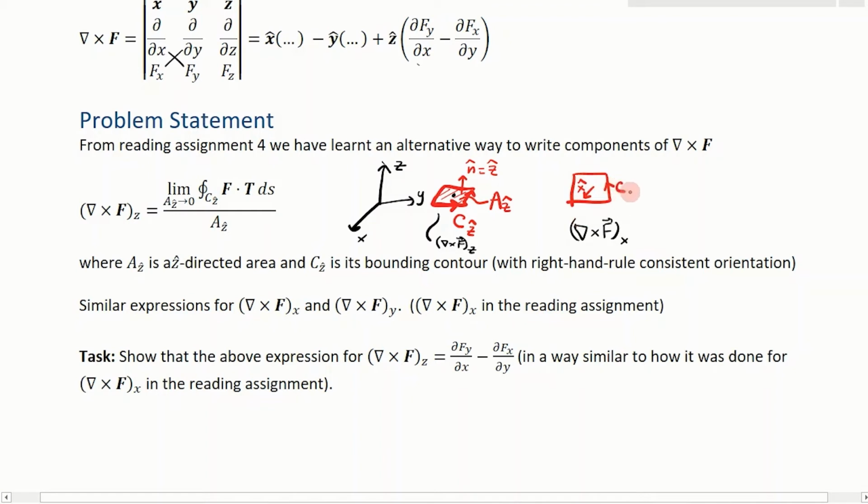So your contour is like this. And you would see how much the field is circulating on this contour, and then you would normalize it by the area of this contour. And for the y component, same idea, but now the normal vector would be in the y hat direction.